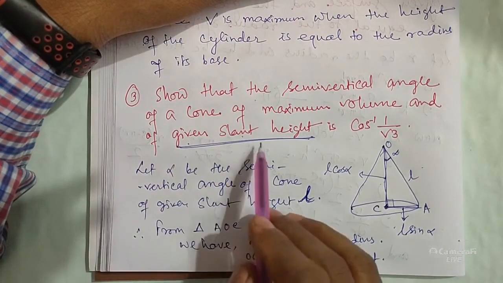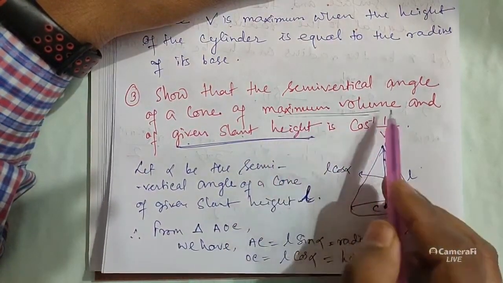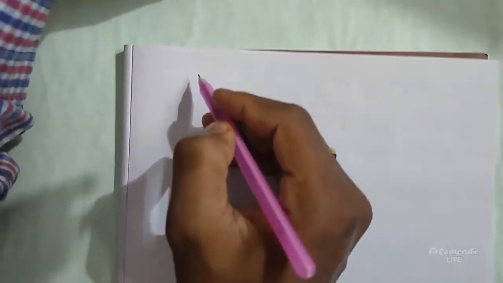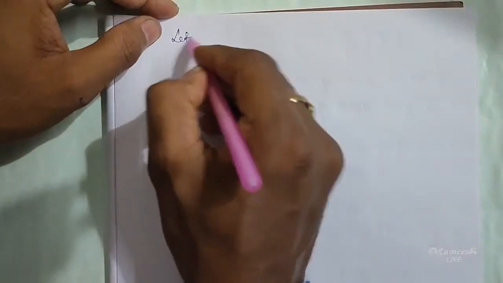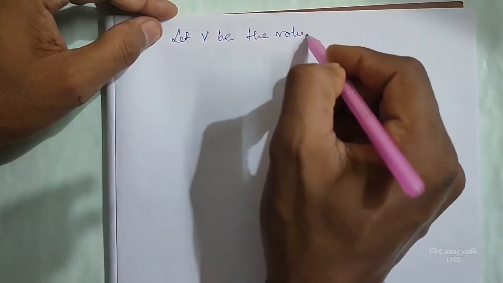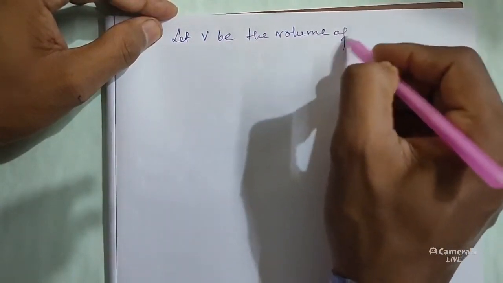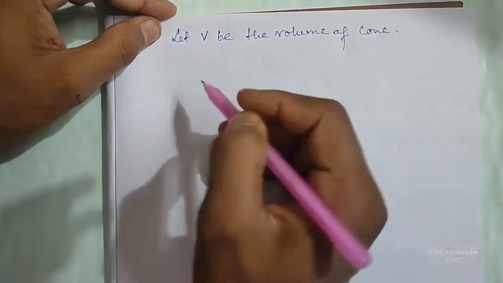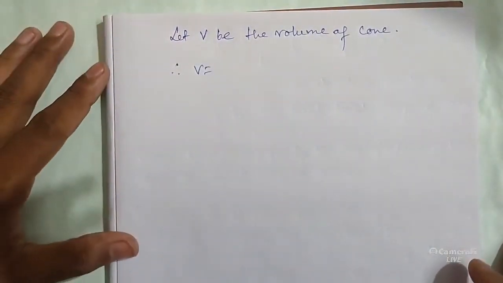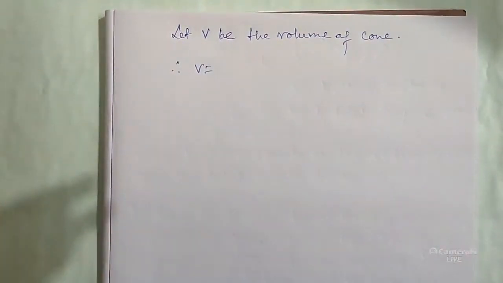Next, what we have to show here? Maximum volume. Volume we have to show maximum. So let V be the volume of cone. Therefore V equals to, what will be the value of V?